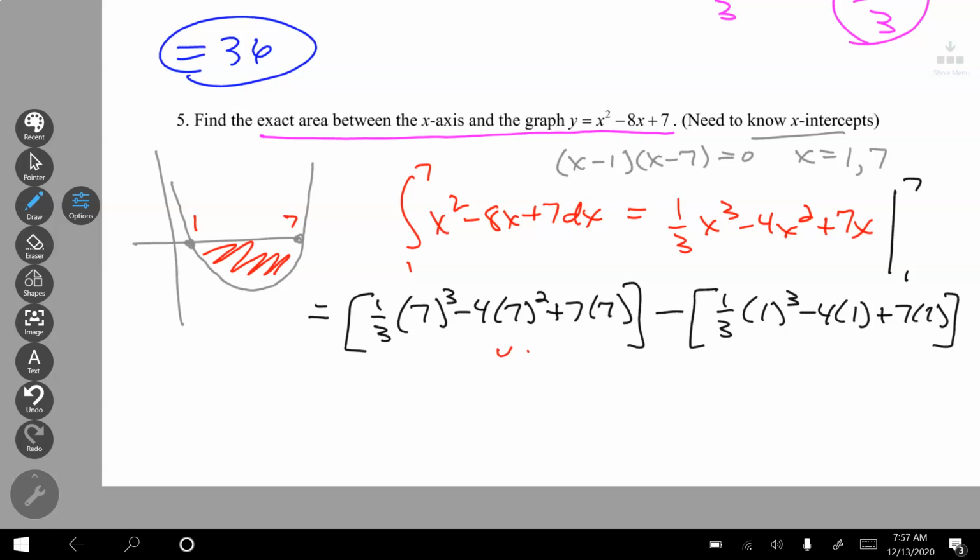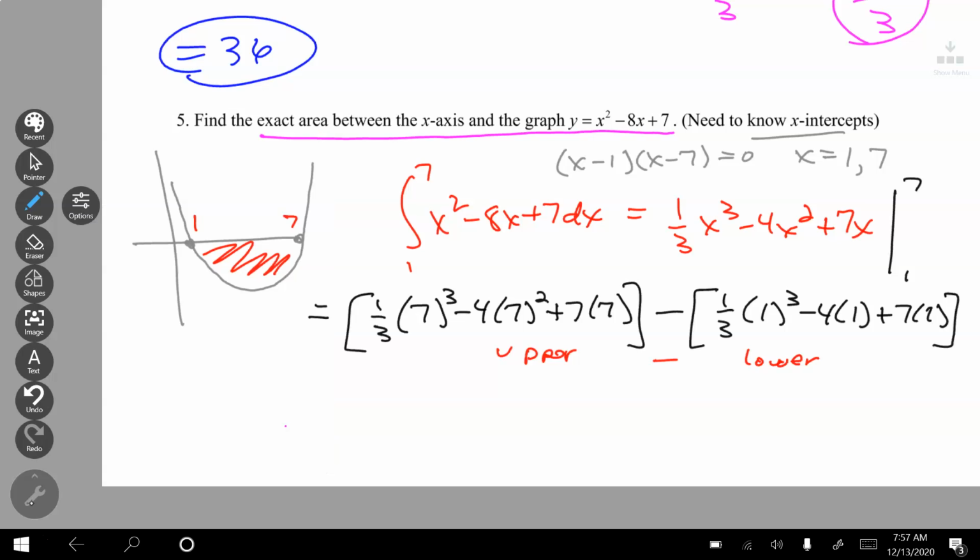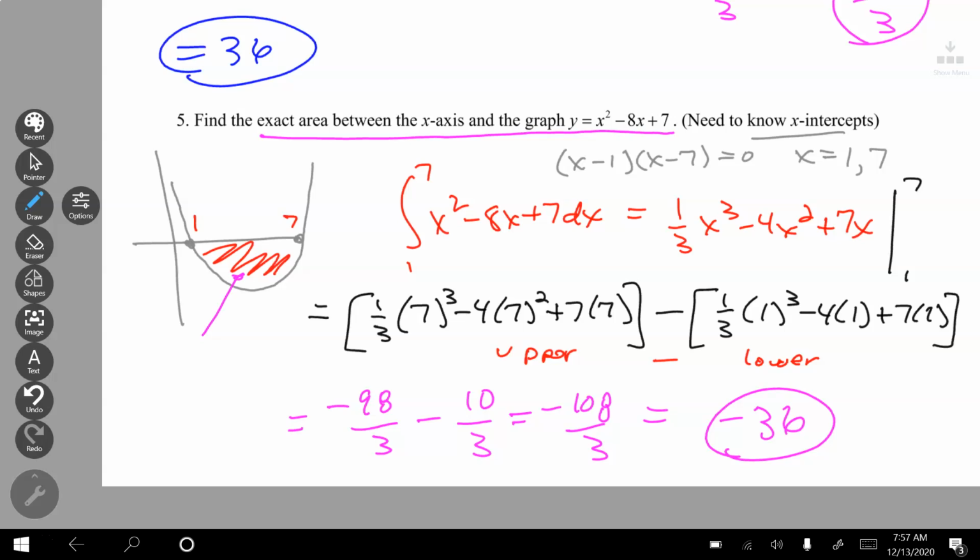This is my upper minus my lower. That's what I do every single time. And I plug things into the calculator. And I get negative 98 over 3 minus 10 over 3, which is negative 108 over 3. I get negative 36. So this area is equal to negative 36, and it should be negative because it is below the x-axis.